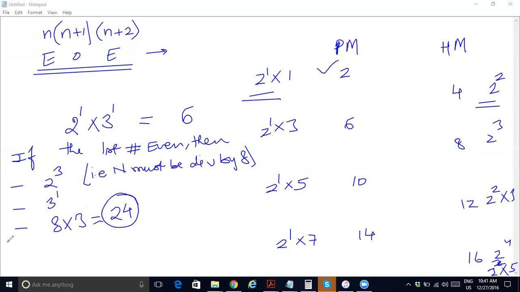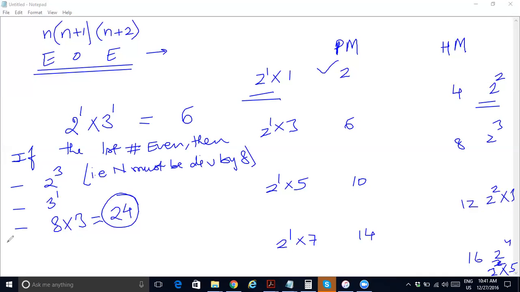Hold on. Can you repeat that? I'm writing it down. If the product of 3 consecutive integers starts with an even number, but if it starts with 2? Even then, 2 into 3 into 4.